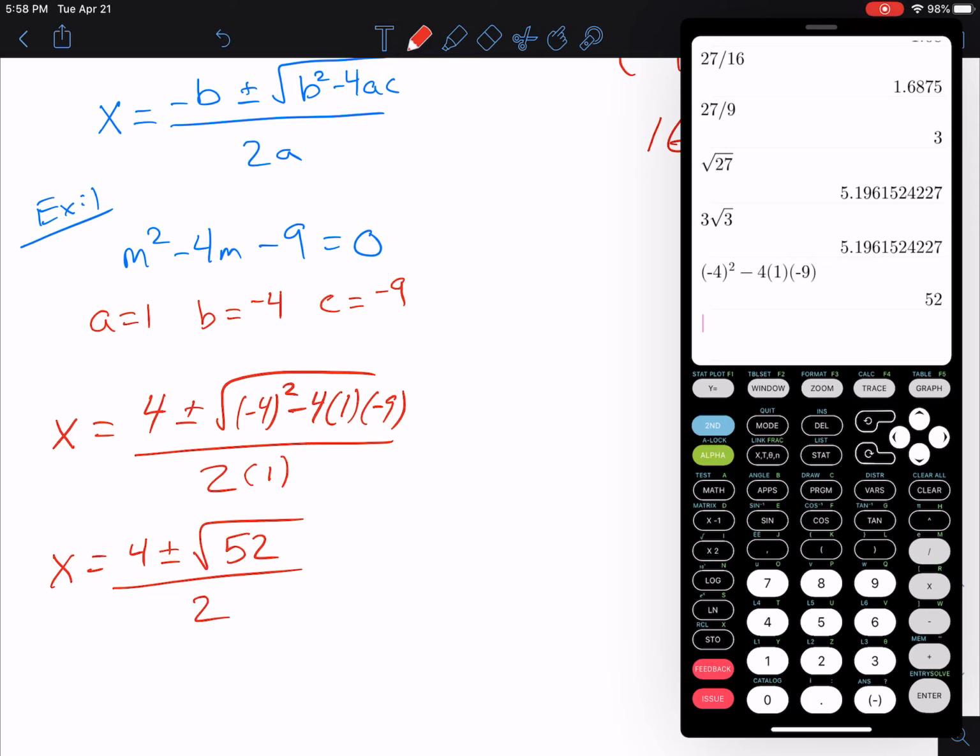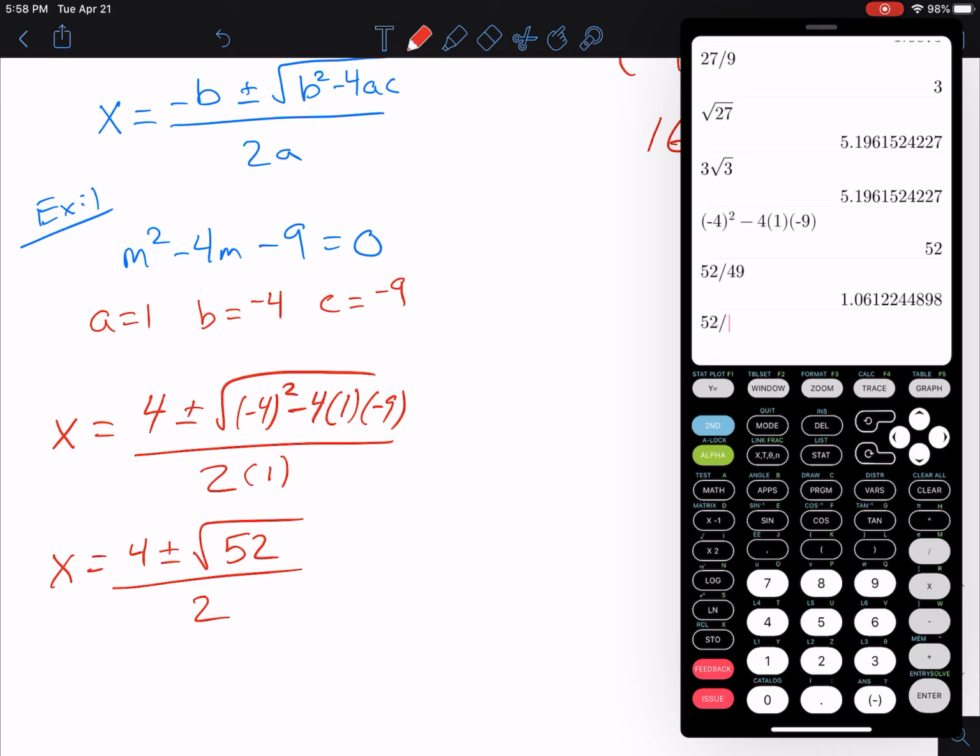Now, we want to see if 52 can be simplified. So we're going to go back to our list, and we're going to be dividing by perfect squares. We're going to start with 52 divided by 49, because 49 is the largest perfect square that is less than 52. And we get a decimal, so it doesn't work.